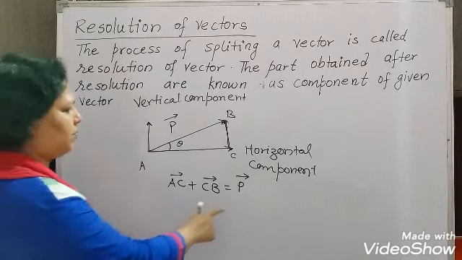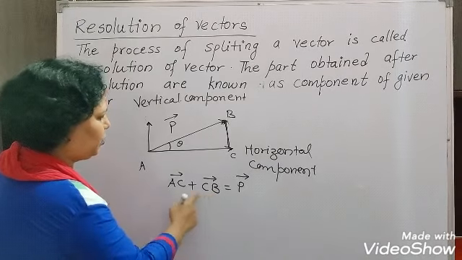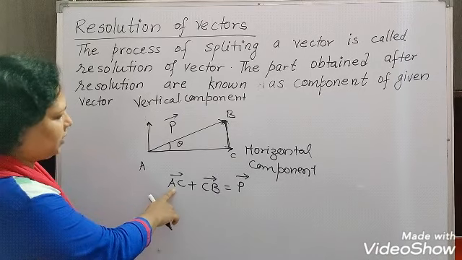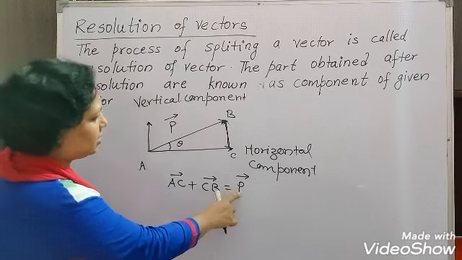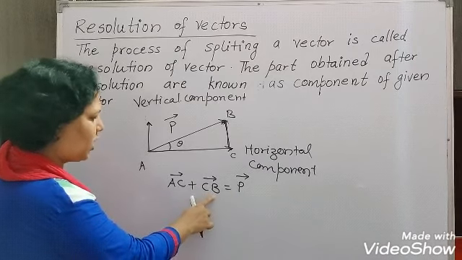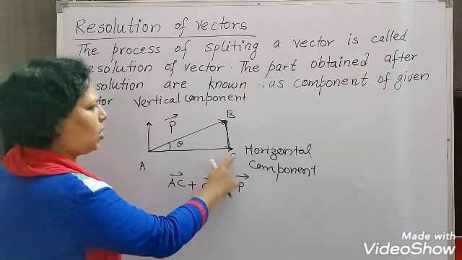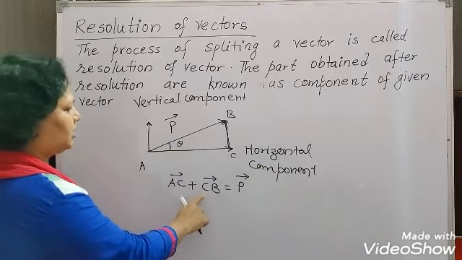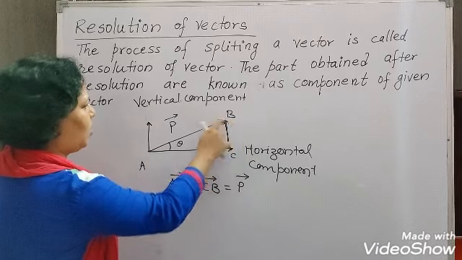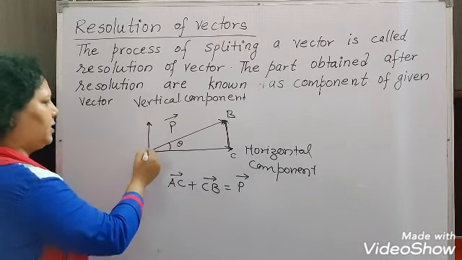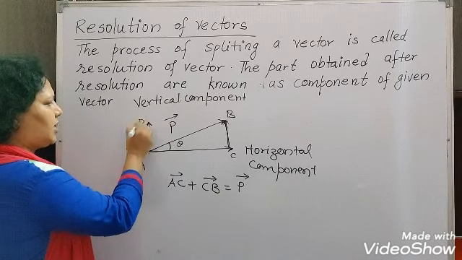That means the vector P is split into two components: one component is represented with AC, another with CB. AC is called the horizontal component of vector P and CB is called the vertical component of vector P. It can also be AD.